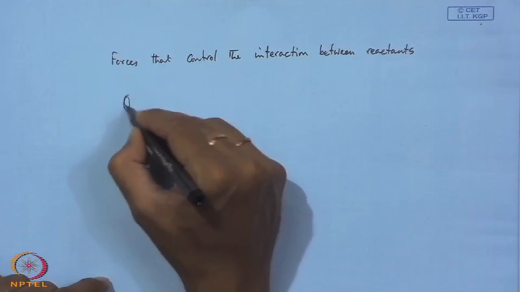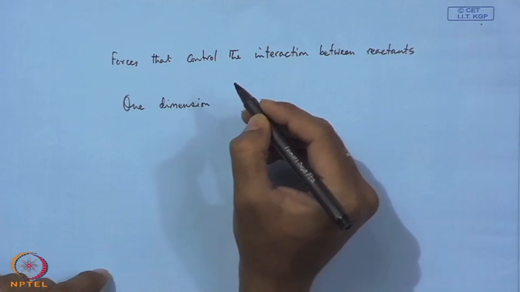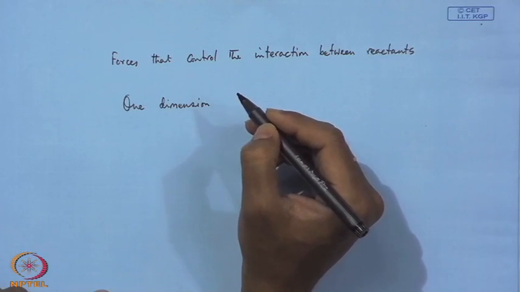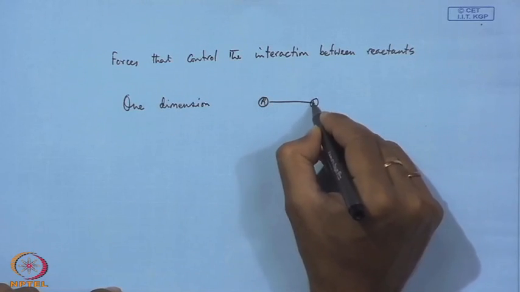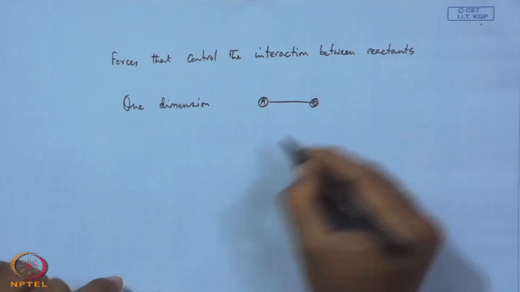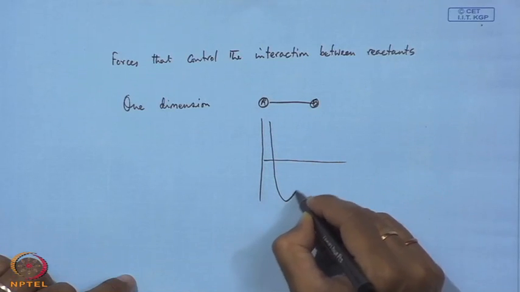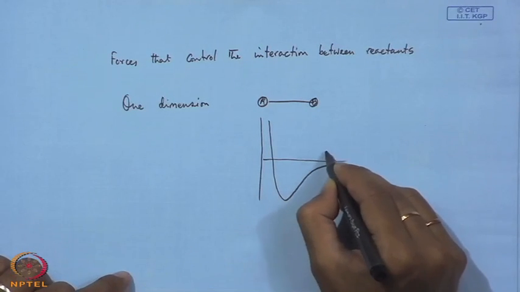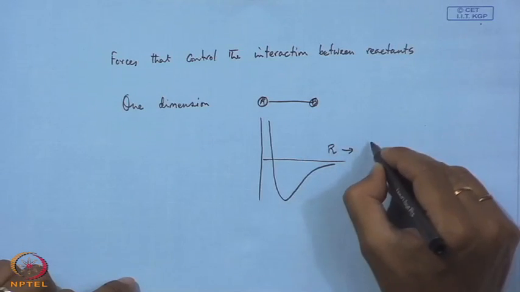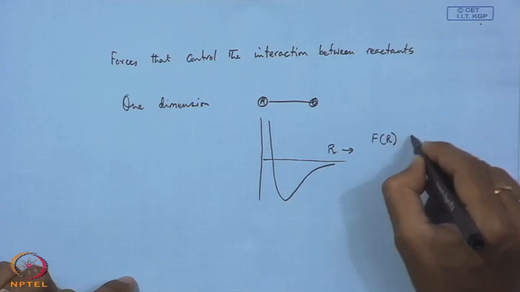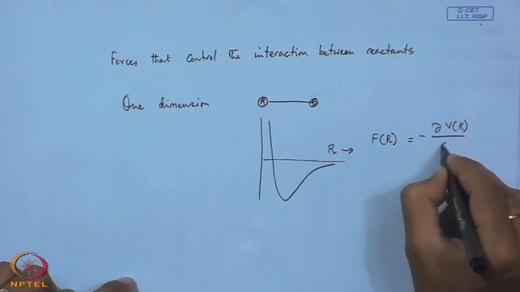In one dimension, for a diatomic system like AB, the potential energy curve looks something like this with separation, where the force F(r) is minus dV/dr.